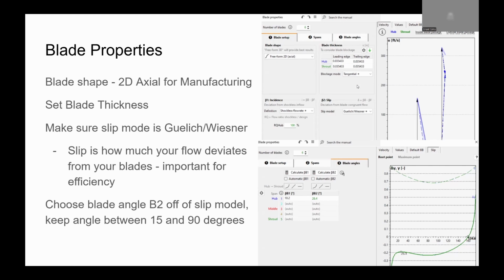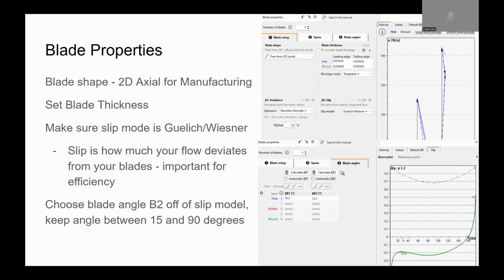And then the important part for turbulence is this slip window right here. For the slip model, we usually choose the default, which is Gülich-Wiesner. And slip is essentially the deviation of your fluid flow from your blade path. So you want to reduce slip because if your fluid is deviating a lot from your blades, then you're going to get turbulence.